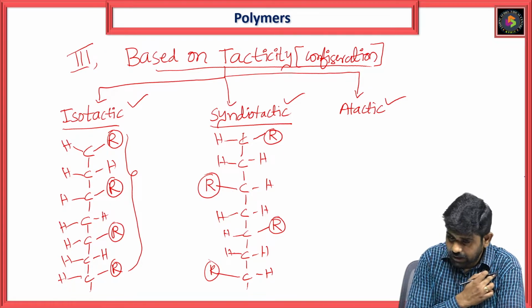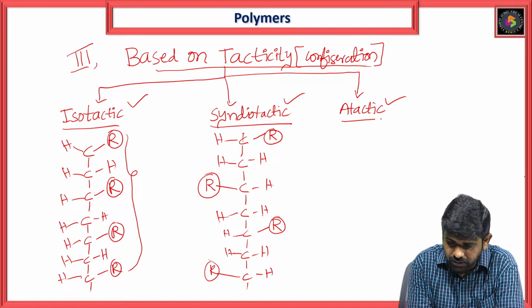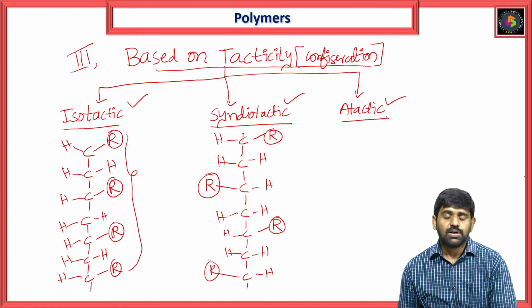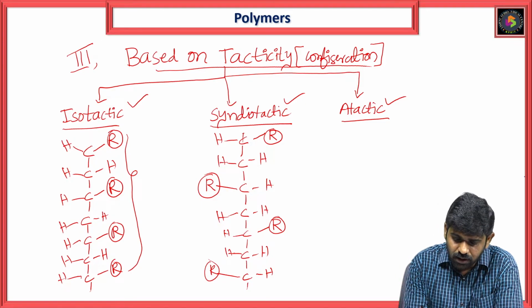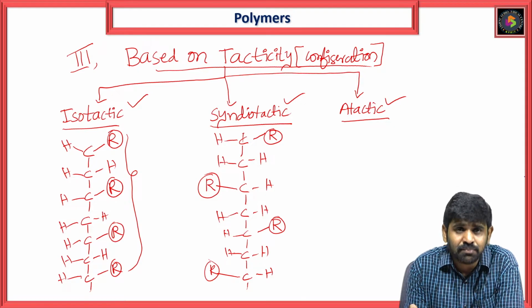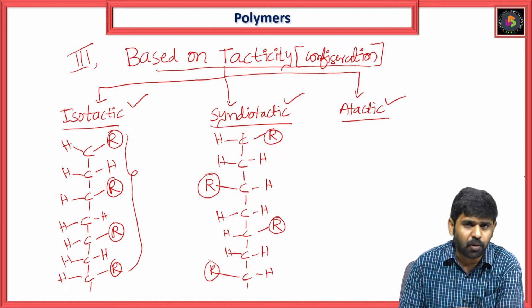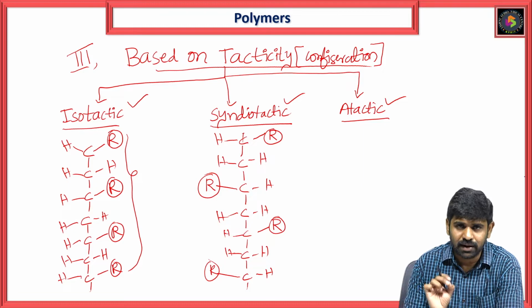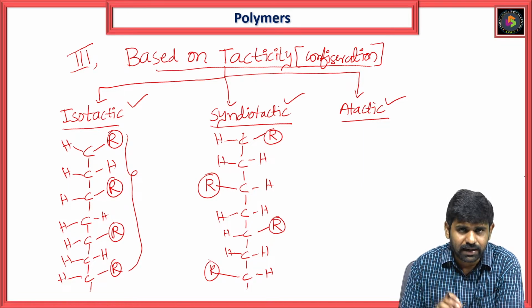Next, atactic polymers. So in atactic polymers, all the functional groups are arranged randomly on both the sides of the polymeric chain. Random manner. Random manner means what? Atactic polymer.